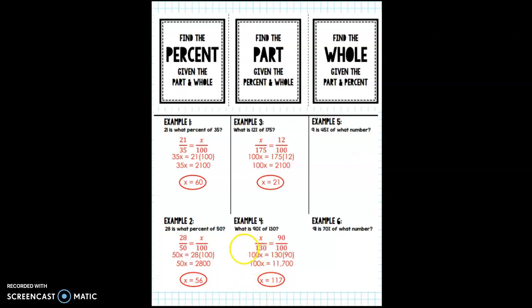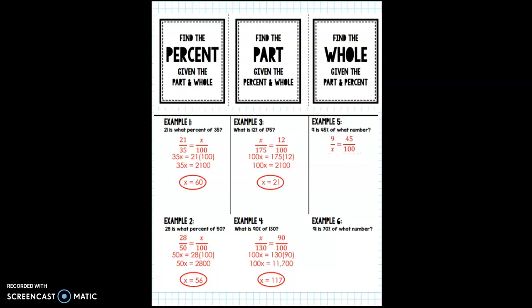The last thing is finding the whole given the part and the percent. So this time we're looking for that bottom number in the proportion. The problem says 9 is 45% of what number? 9 is the part. We're looking for the whole, 45 over 100 because it's 45%.